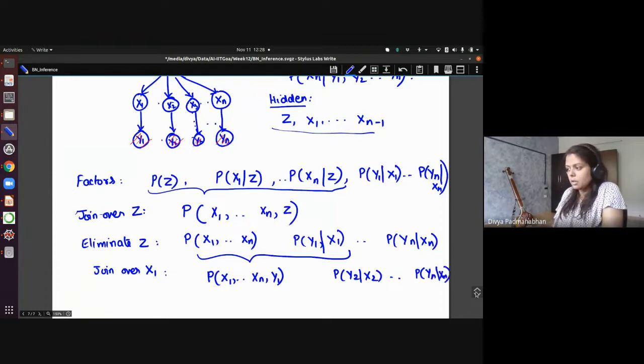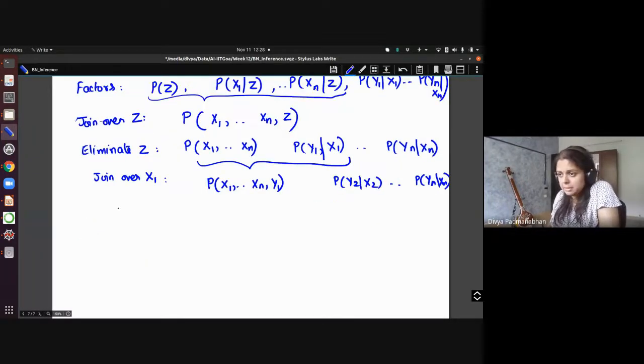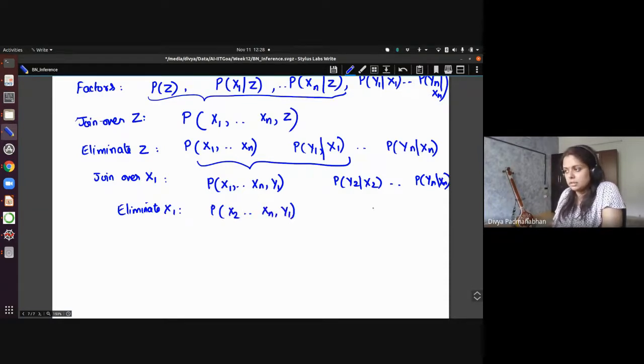Then you eliminate x1, and that will give you p of x2 to xn, y1. You keep doing this and these factors remain as such. The next step would be join over x2 like that.